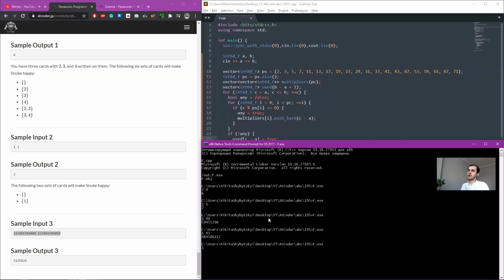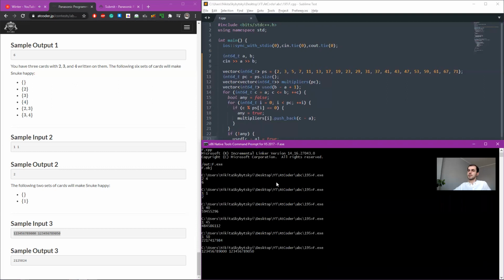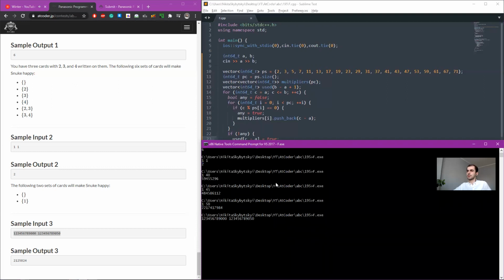That's slow. No, that is too slow. Really, we're just gonna get TLE on the sample. And the answer is actually not correct.